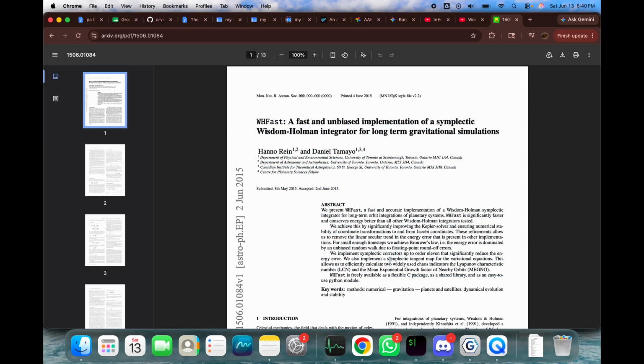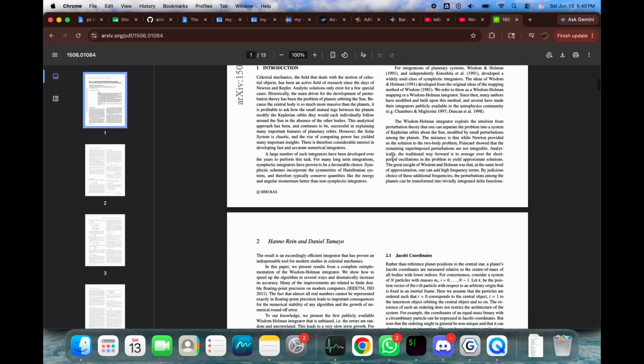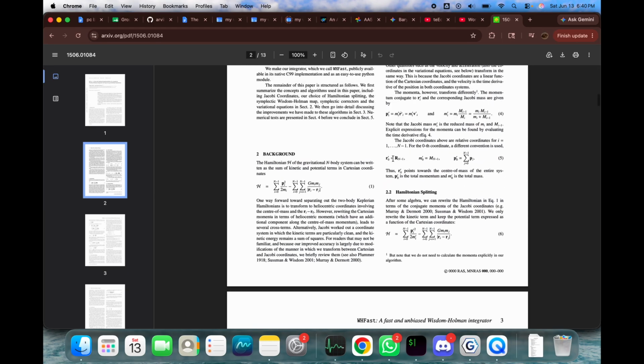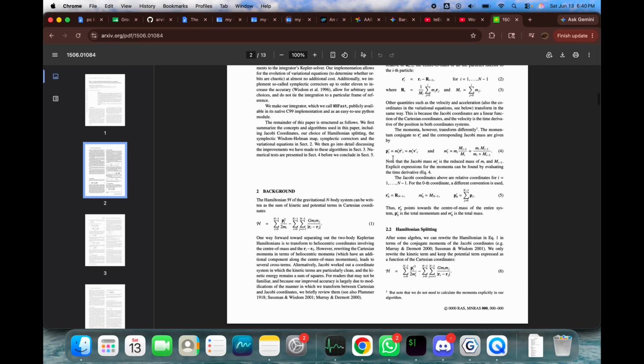This is great. Okay, so WHFast, I know this sort. I'm gonna ignore that. And let's read this. Okay, so background. The Hamiltonian can be written as the sum of kinetic and potential terms in Jacobi coordinates as this monstrosity.